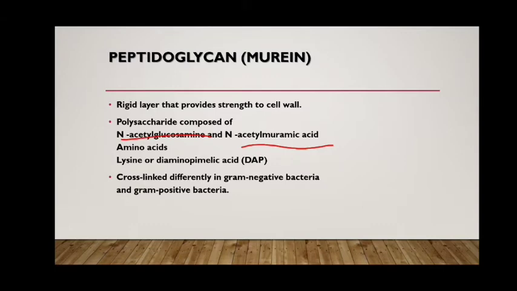They also have some amino acids such as lysine, diaminopimelic acid, glutamic acid, alanine, etc. If we look at the amino acids of the peptidoglycan structure, we will find that most of them are D-amino acids, such as D-glutamic acid, because the presence of D-amino acids protects against degradation by most peptidases.